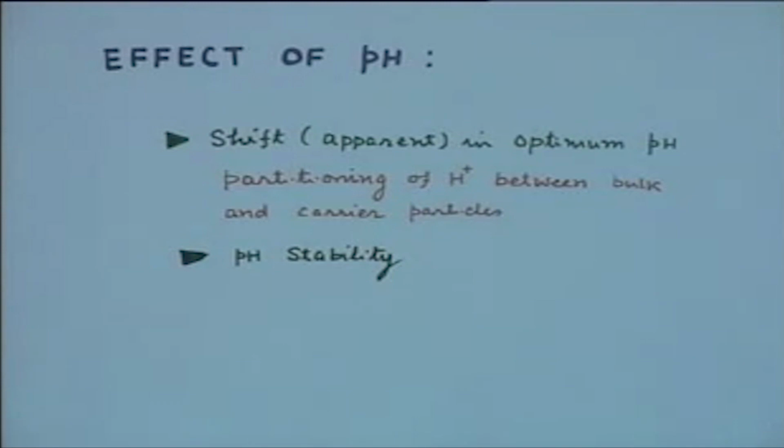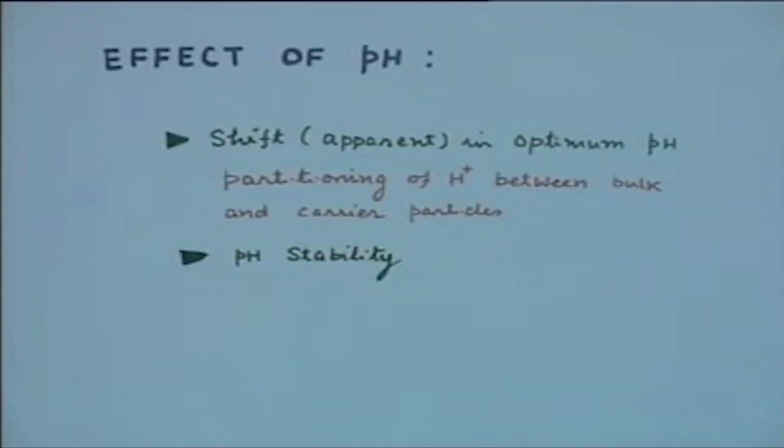When you take a soluble, native enzyme and determine its optimum pH as against the optimum pH of an immobilized preparation, you find that the optimum pH has shifted, and this shift is attributed mainly to the partitioning of hydrogen ions between the bulk and the carrier particles.